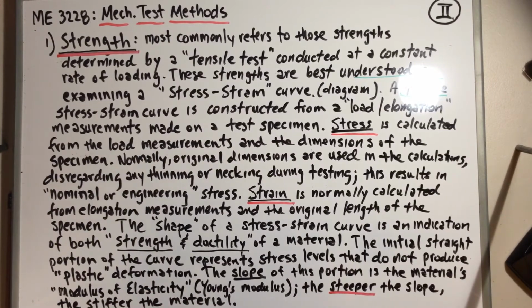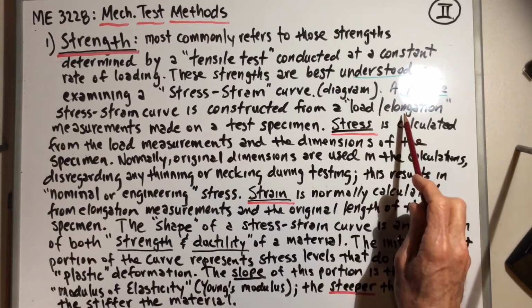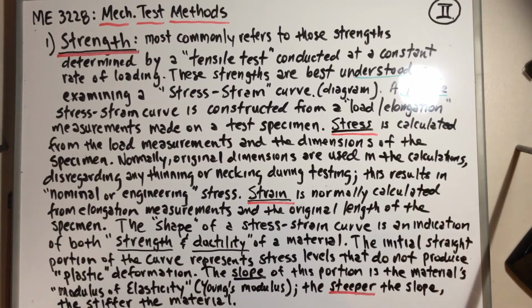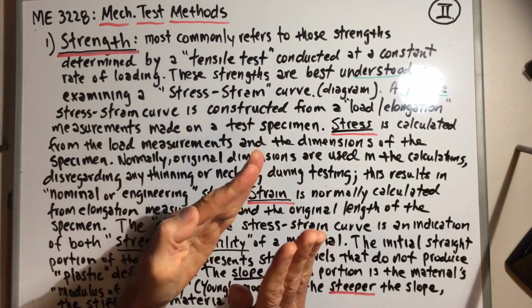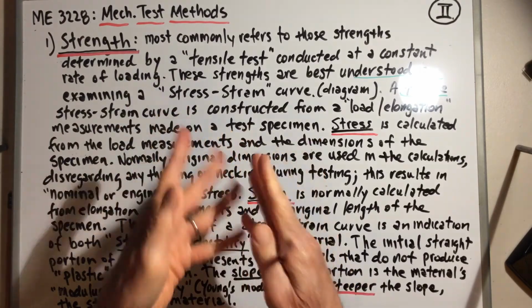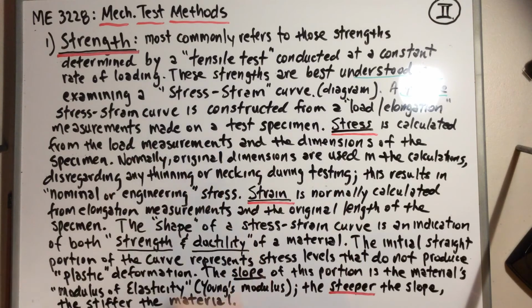You're going to be reading two sets of data on this test. You're going to be reading load data, as indicated here, and also measuring elongation of that specimen as it begins to pull apart. Because this is a tensile test where you're trying to pull something apart as opposed to compressive. Although this test, even though it's a universal tensile testing machine, as you'll see, can also be used for compressive testing. But right now we're just talking about tensile testing.